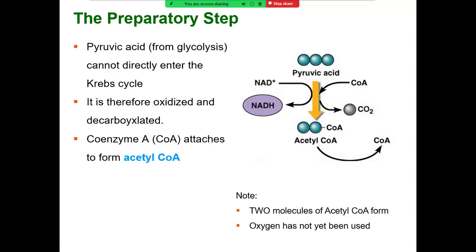So 1 carbon comes off, and it comes off as CO2. And this happens in the preparatory step.